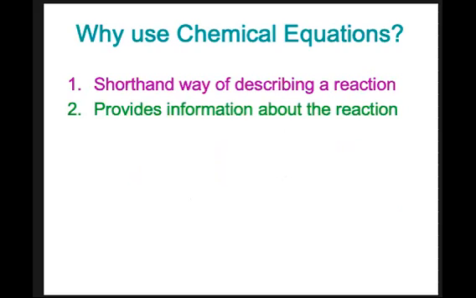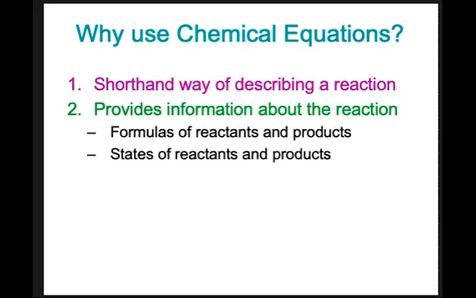Why? Because you get to see what substances are present on the reactant side and in the product using the chemical formula. You get to see what the states are, okay, of the substances in order for the reaction to take place.